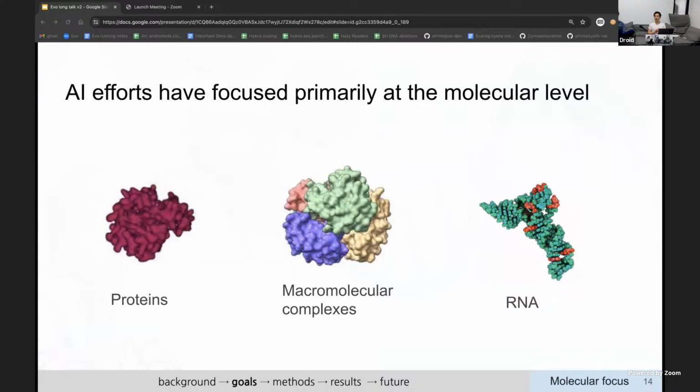So, the challenge for learning from DNA is that AI so far, in terms of its typical applications to biology, didn't focus primarily at the single molecule level. And so we're getting pretty good at modeling proteins, even macromolecular complexes or RNA, in terms of predicting their function and their structure, but at this single molecular level.